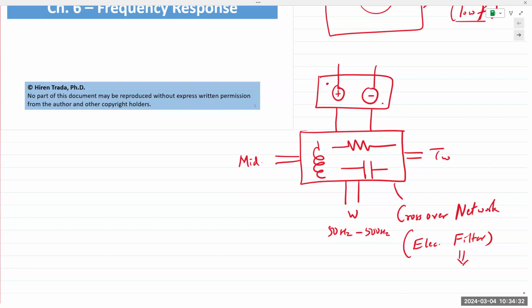We learned in chapter 5 that the reactance and thus the impedance of an inductor and capacitor changes with respect to frequency. ZL is j2πfL, meaning the impedance of an inductor increases when you increase the frequency. At high frequencies, an inductor behaves like an open circuit.